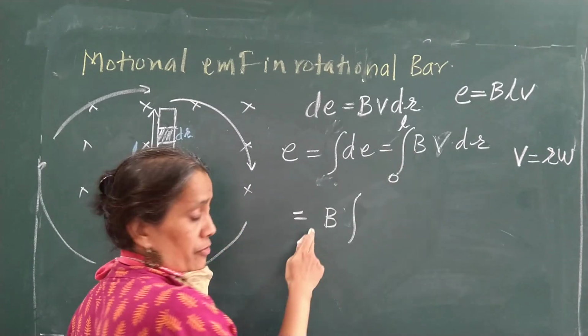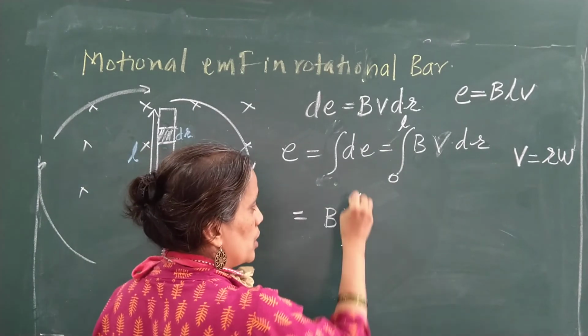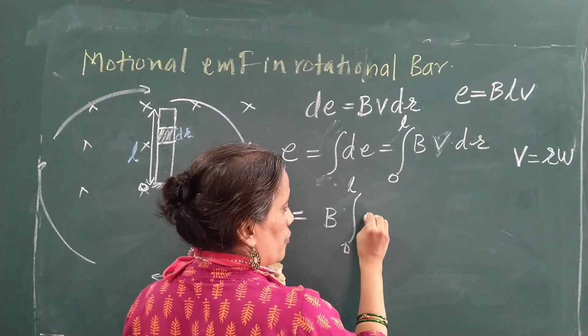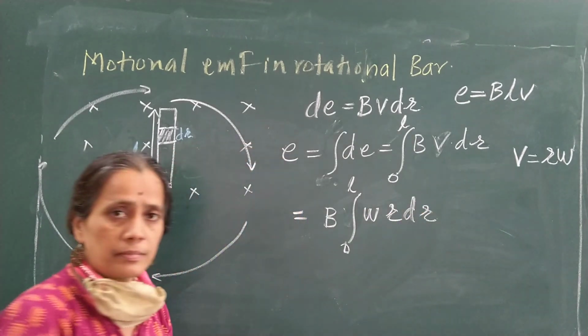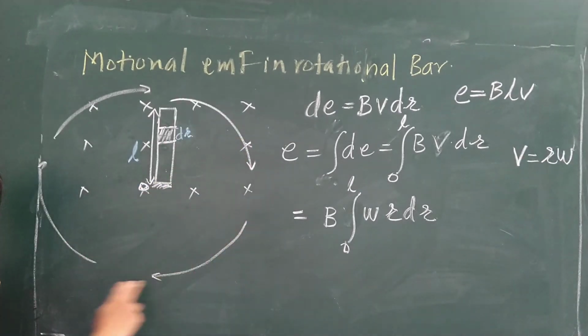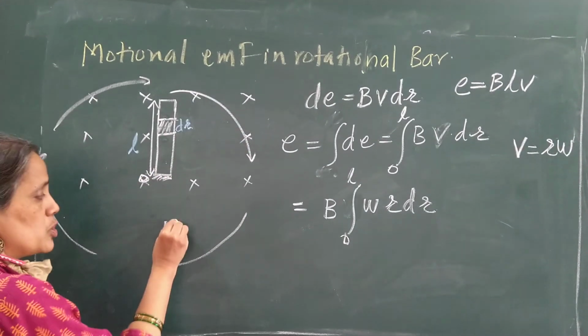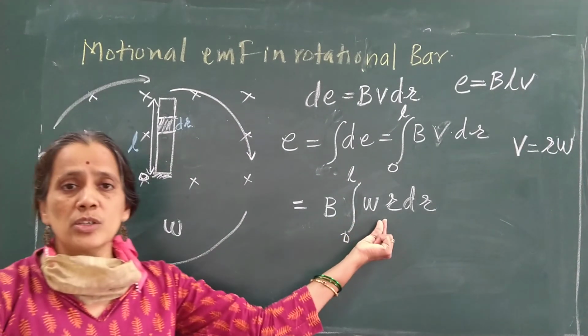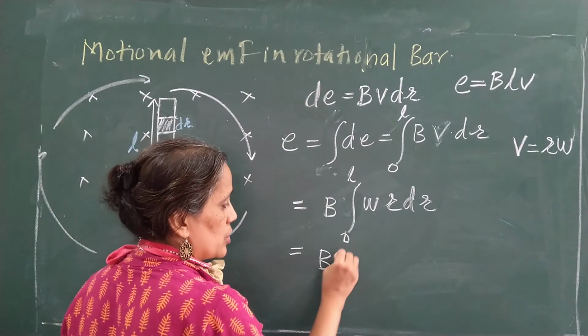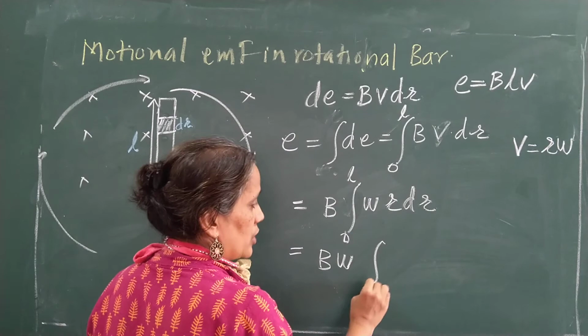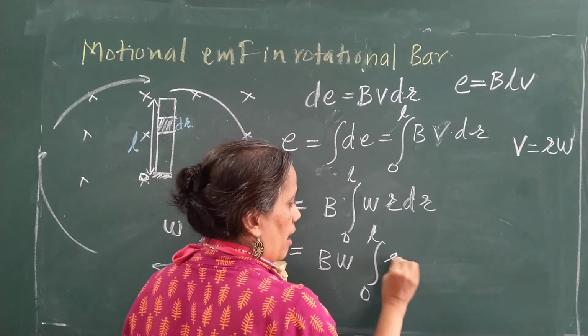B, the uniform magnetic field, times the integration from 0 to L of omega r dr. Now this rod is rotating with uniform speed omega, which means omega is a constant quantity, so omega should be taken out of the integration. So B omega times the integration from 0 to L of r dr.